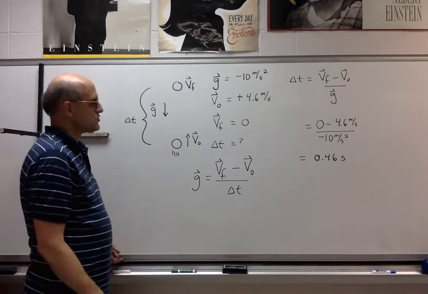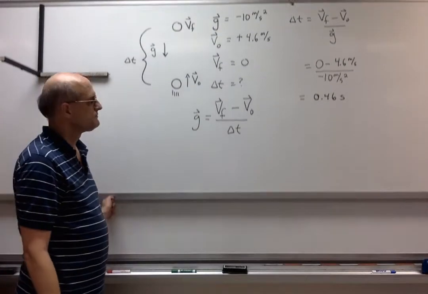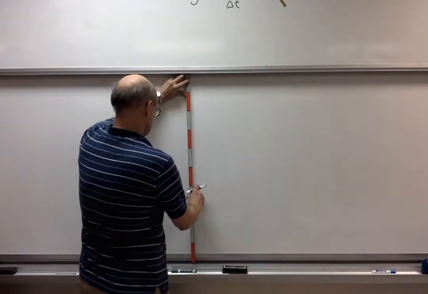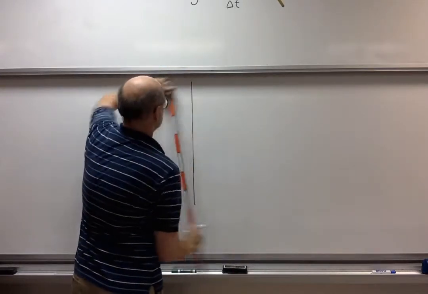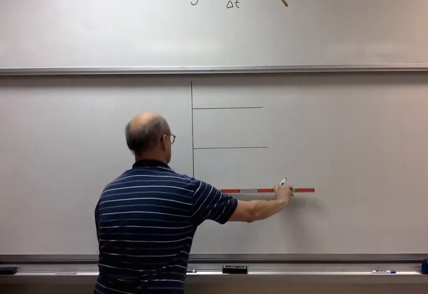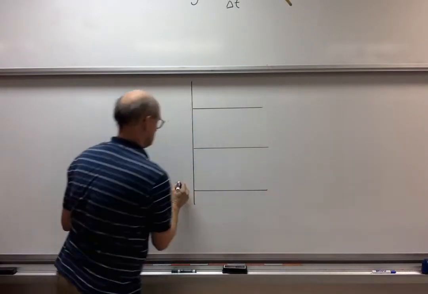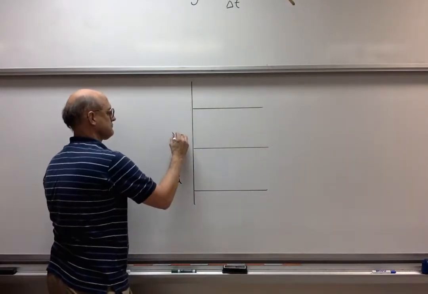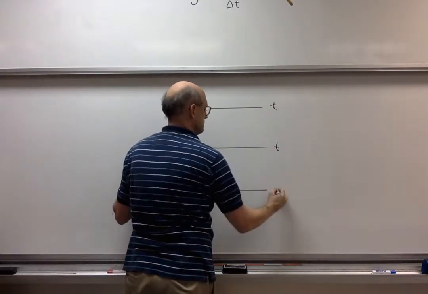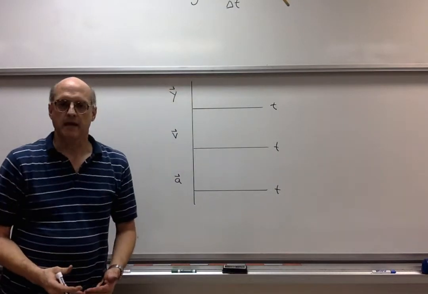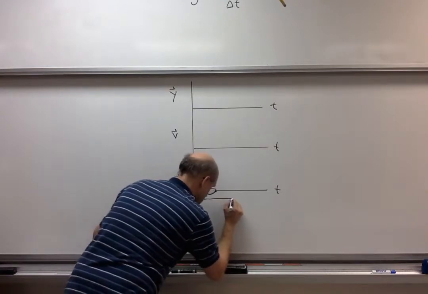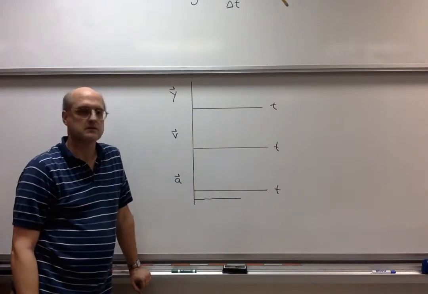The next thing I would like to do is draw the motion graphs for this problem. Since down is negative, and that's which way it's accelerating, I'm just going to draw a straight line parallel to the t-axis.